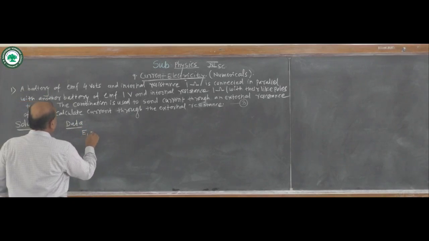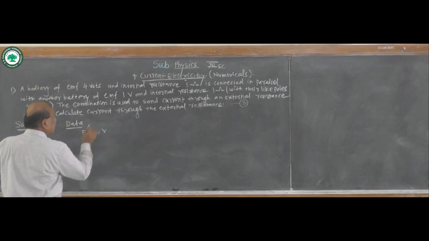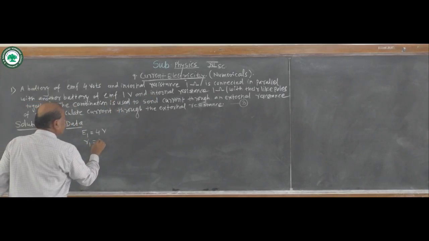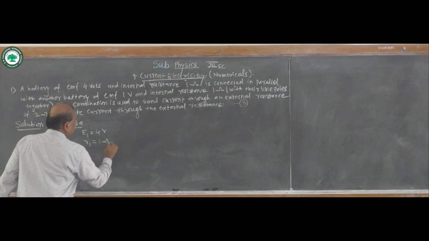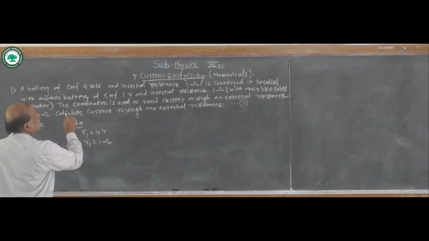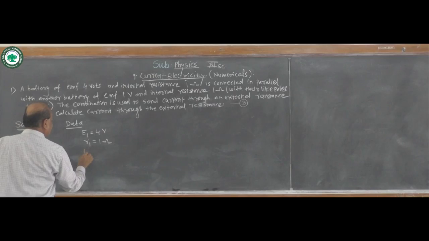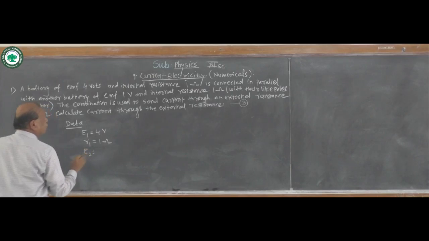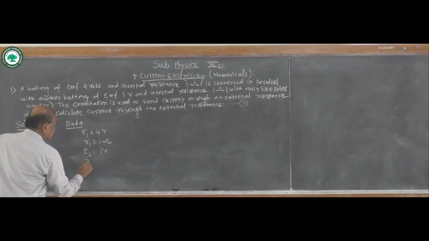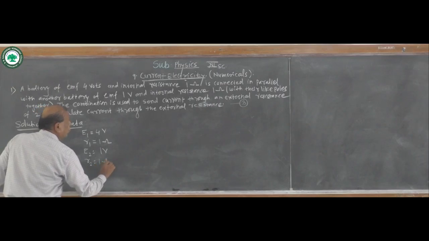That is E1 is equal to 4 volt, and its internal resistance R1 is equal to 1 ohm, and it is connected in parallel with another battery of EMF E2 is equal to 1 volt, and its resistance R2 is equal to 1 ohm.